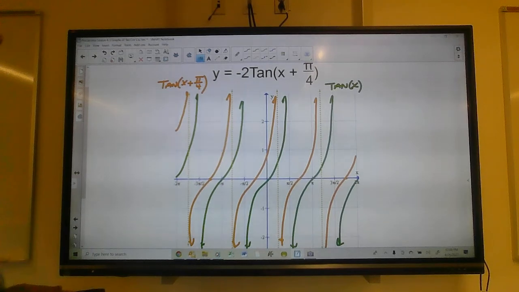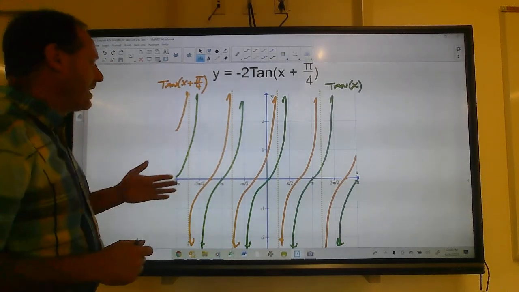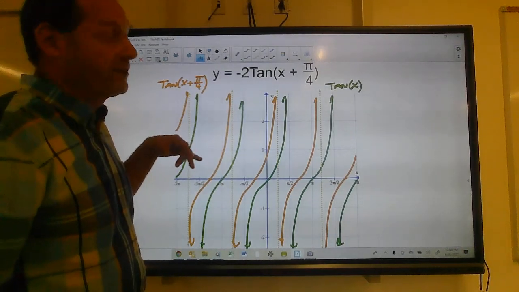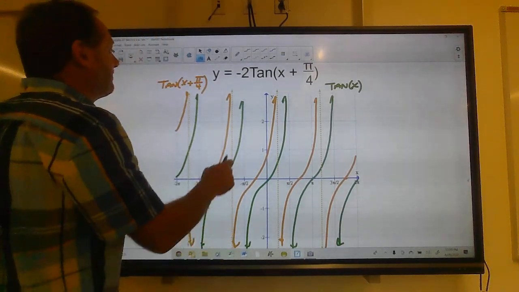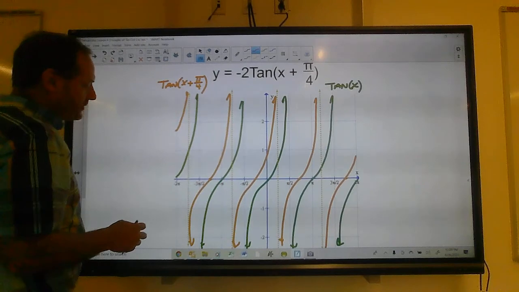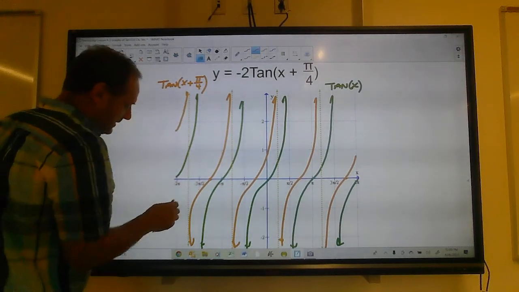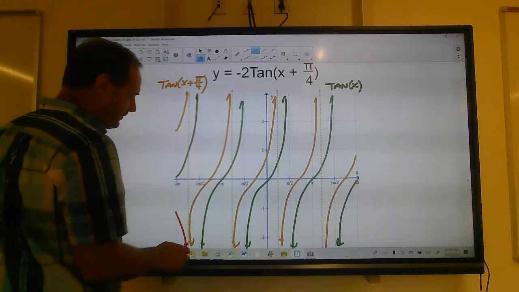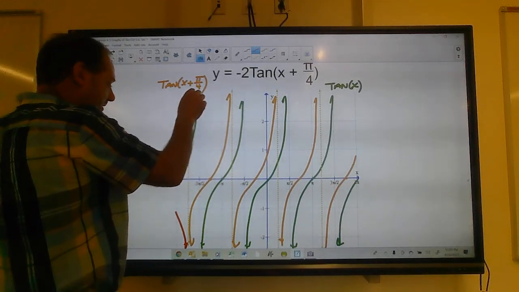Now I'm going to do the -2 tangent. So what's that going to do? That's going to flip this upside down with the negative, and it's going to stretch it with the 2, which I'm just going to approximate. So instead of going up like this, it's going to go this way, and this is going to be much flatter.